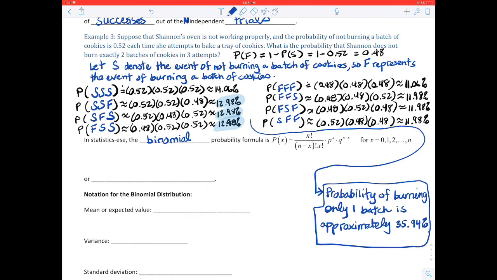You can also write this as P of x is equal to n choose x, that's this part of it right here, times p to the x times q to the n minus x. And this is a selection on your calculator, which you can find under math, okay?